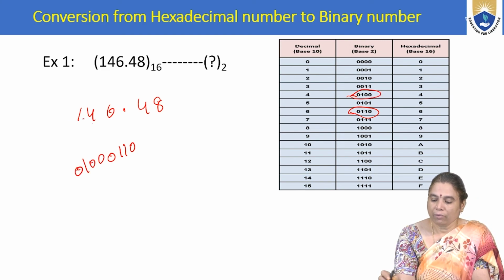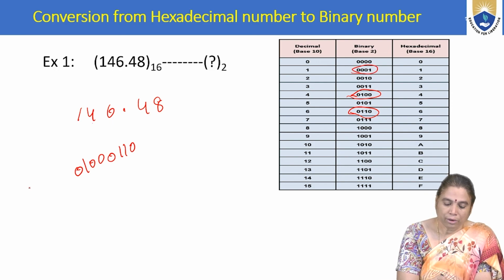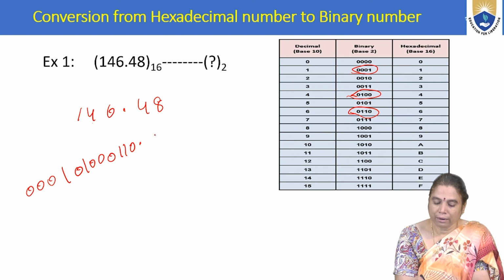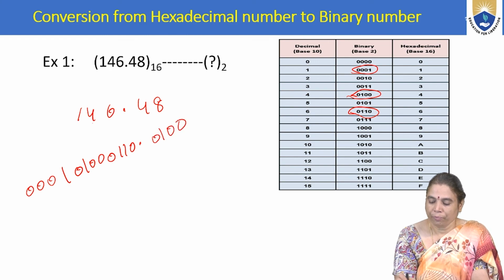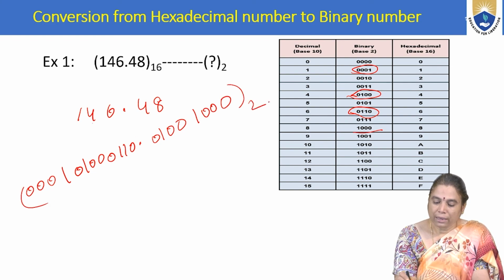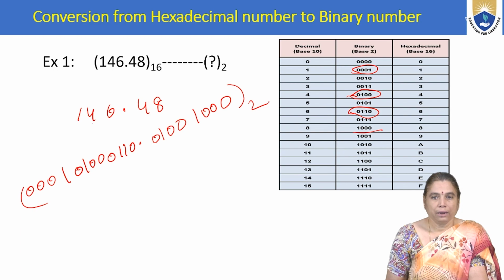What is the 1 equivalent? It is 0001. This is to represent the integer part. To represent the fractional part, the 4 equivalent can be 0100, and the 8 equivalent can be 1000. So this is the binary equivalent of the hexadecimal number.